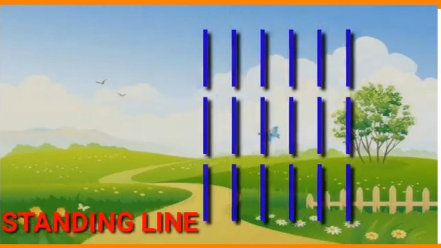Look at the lines. Daddy standing lines, mama standing lines, brother standing lines, sister standing lines, and baby standing lines. Okay, these are standing lines.